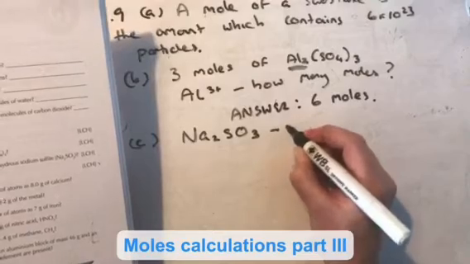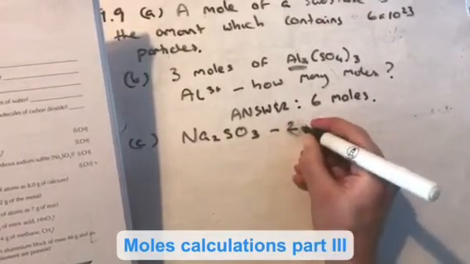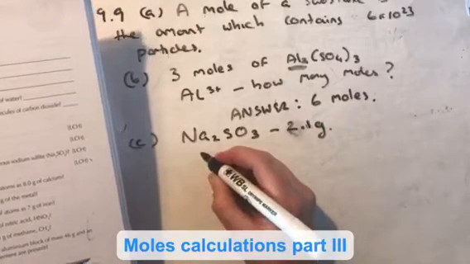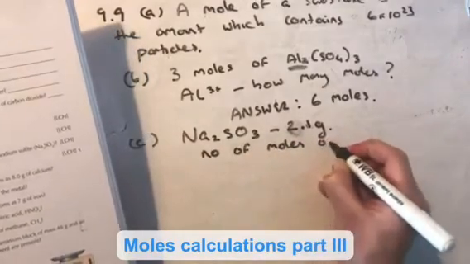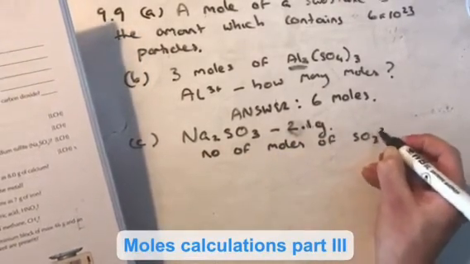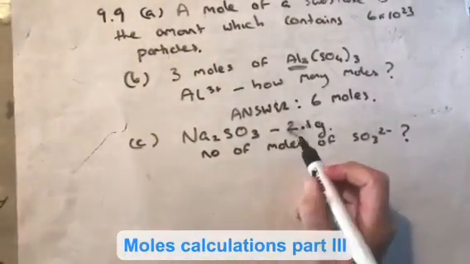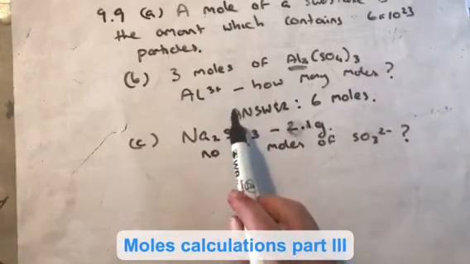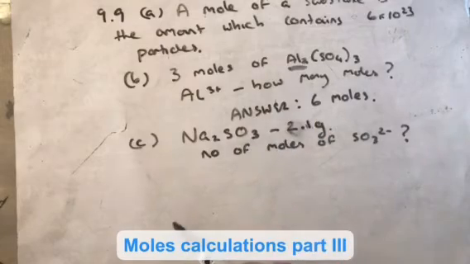You've got 2.1 grams of that, and they want to know the number of moles of SO3 2-. First of all, we're going to have to work out the number of moles of our molecule. In the last question, they were quite nice and gave you the number of moles of aluminium sulfate. Here we're going to have to work that out.